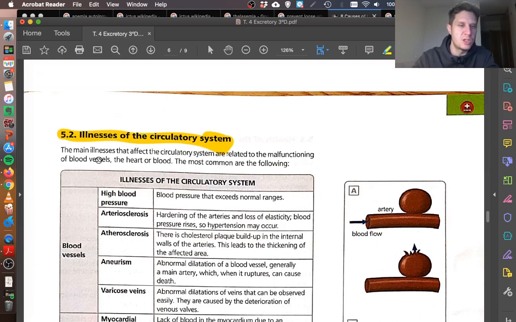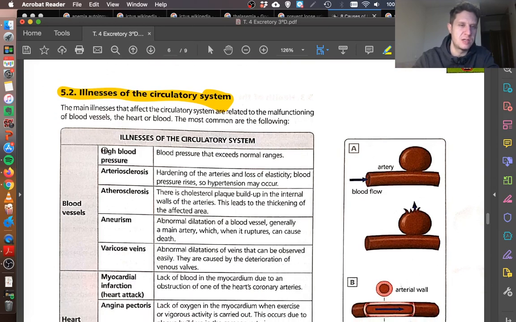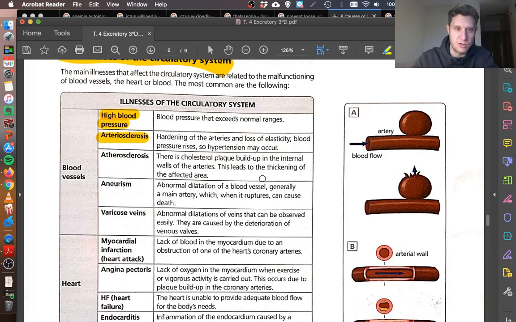Good. Illnesses of the circulatory system: high blood pressure, yeah, arteriosclerosis related with the cholesterol, yeah. Arteriosclerosis and atherosclerosis, que en inglés sería arteriosclerosis y aterosclerosis.